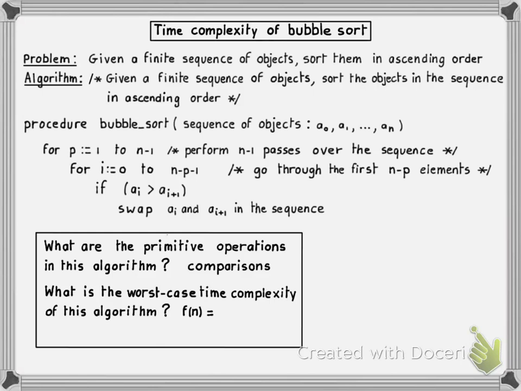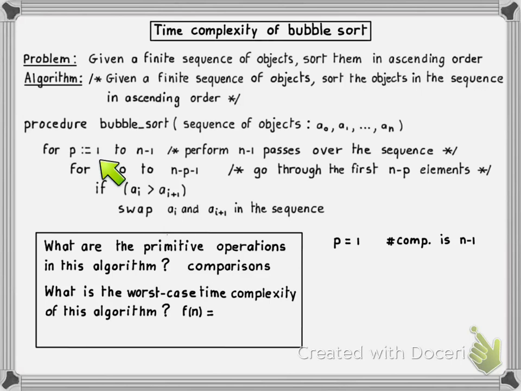Let's count the comparisons on this line. When p is equal to 1, that is during the first execution of the outer loop, i goes from 0 to n minus 1 minus 1, which is n minus 2. Since we start at 0, that means the inner body is executed n minus 1 times, and therefore the number of comparisons in this first iteration is also n minus 1.